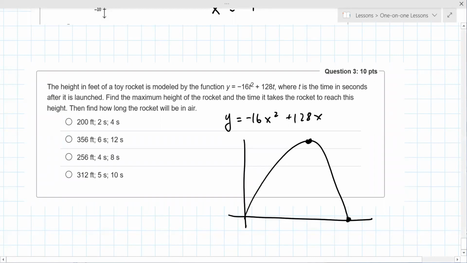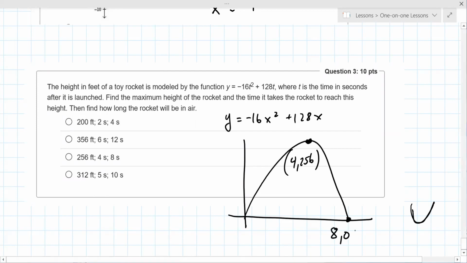So your max is 4, 256. Okay. And your min is not a min. It's an x-intercept. A min would be if it comes down like that. 8, 0. Okay.